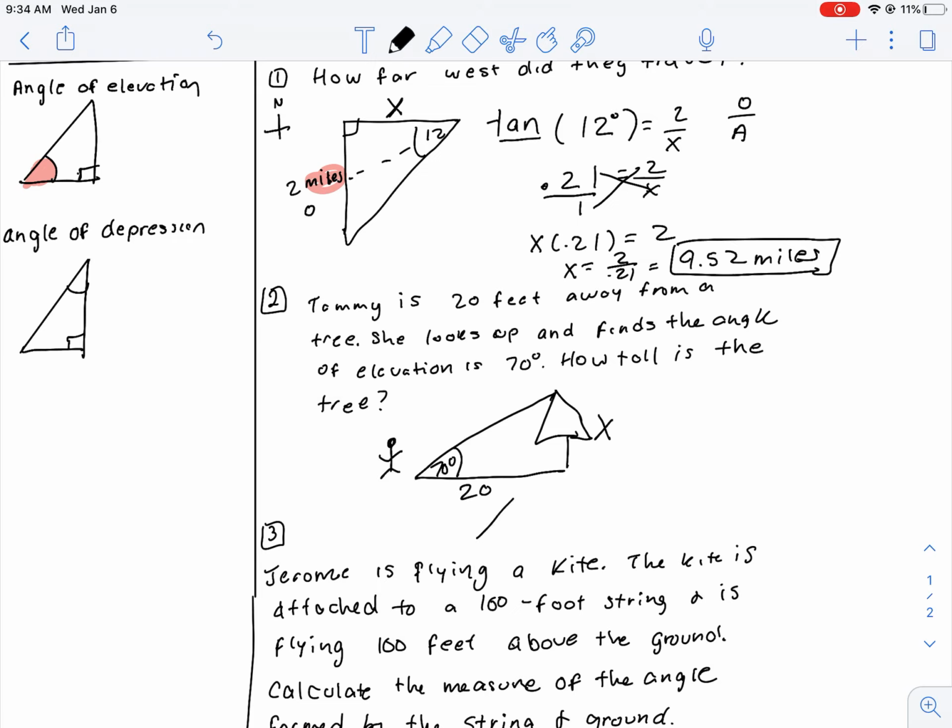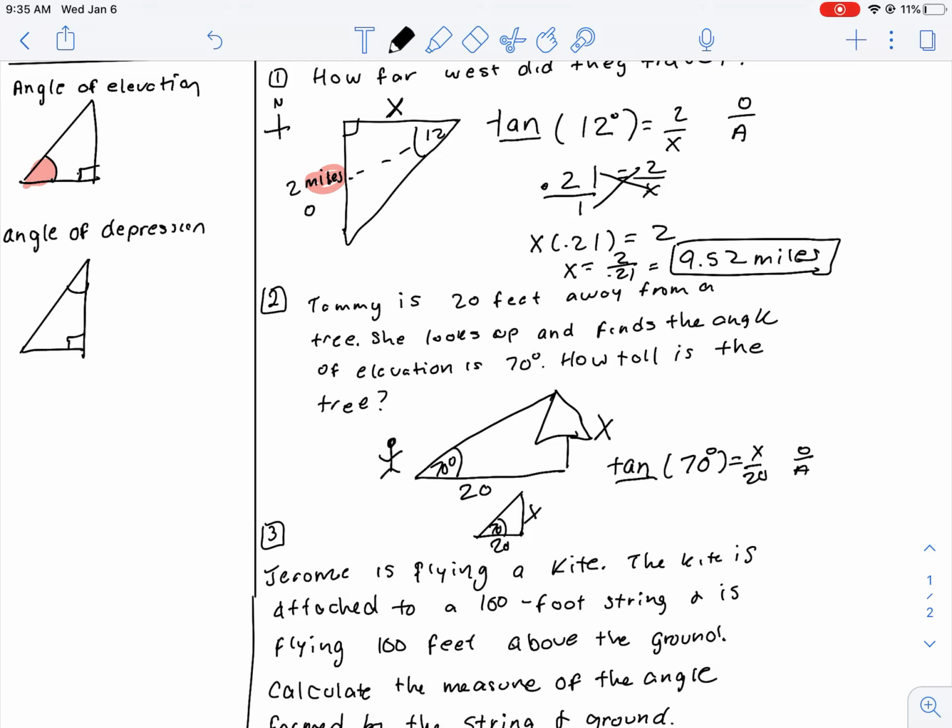I'm going to simplify this picture to make it a little easier. This is 20, 70, and this is x. We know the angle is 70, the opposite is the x, and the adjacent is the 20. So this is the tangent.